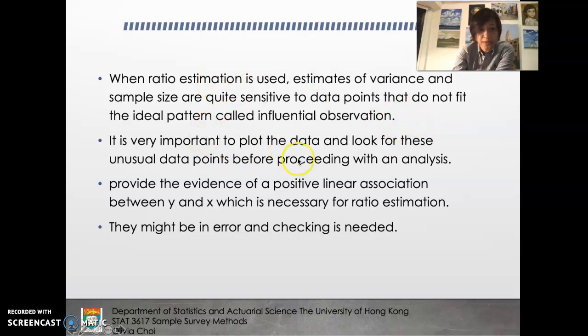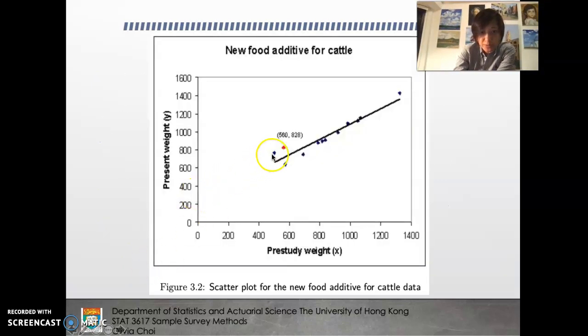It is very important to plot the data and look for unusual data before we proceed with any analysis. We need to check that there is a linear relationship between the Y data and X data. So for example, this point, or some of the points out here, could be outliers. So we need to check them before we really go into the estimation.